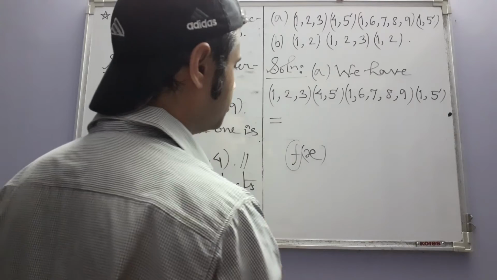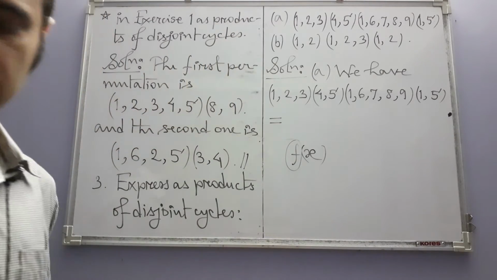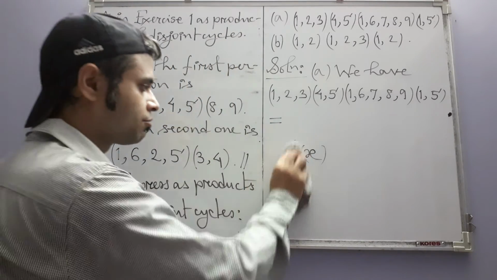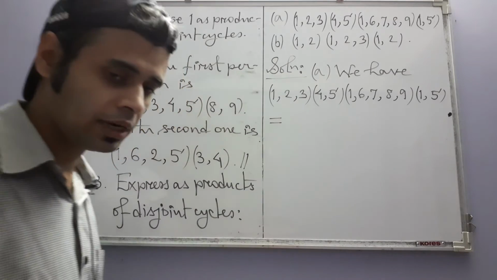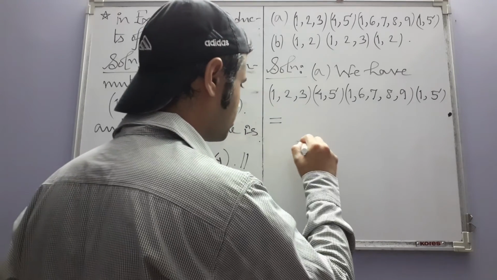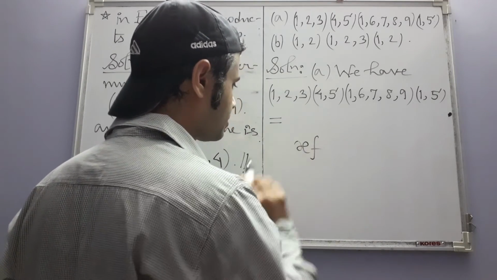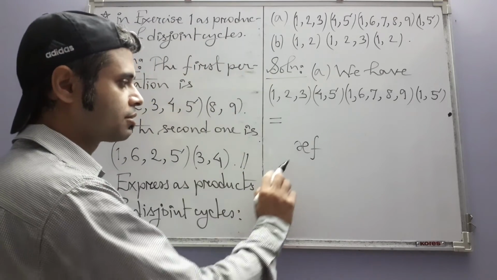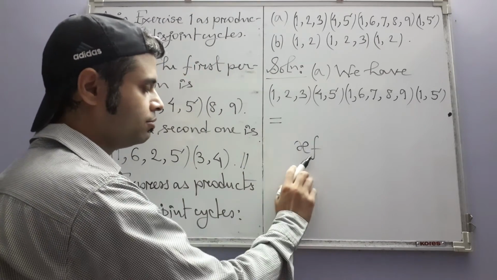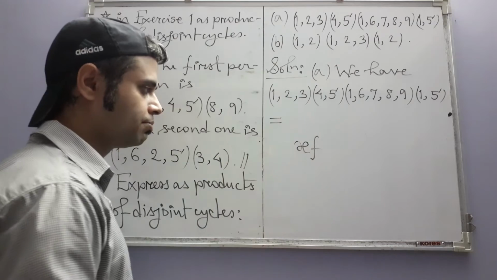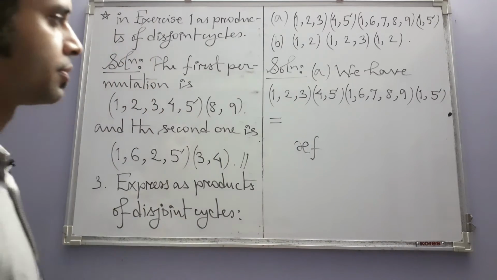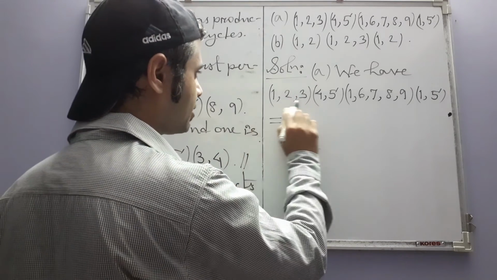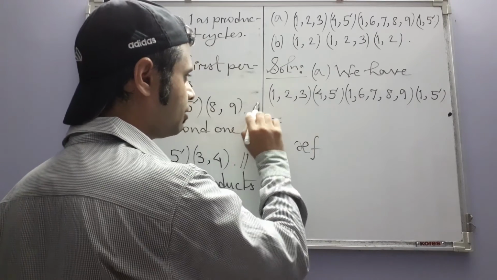But in this book, because we are writing arguments first followed by functions like this, xf for us means the functional value of f at the input x. So that's why we start our calculation from here, because our input lies here.